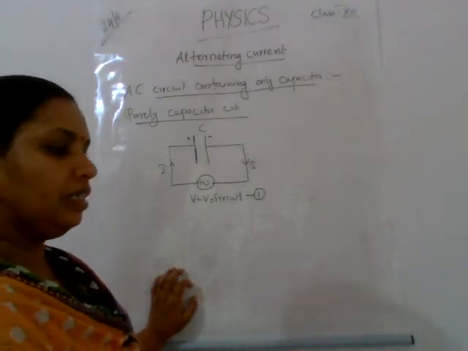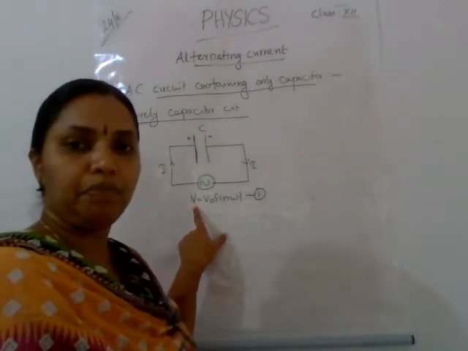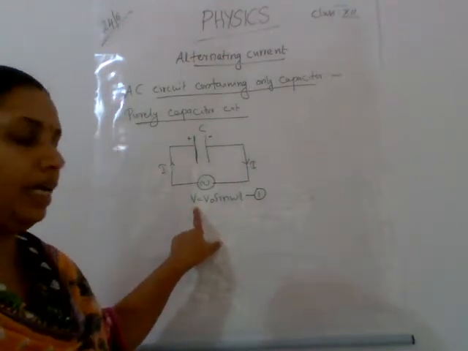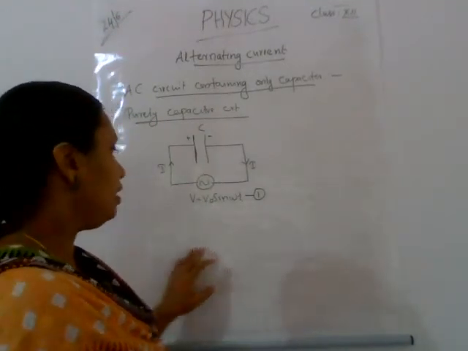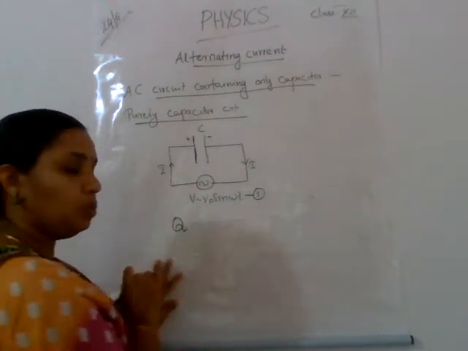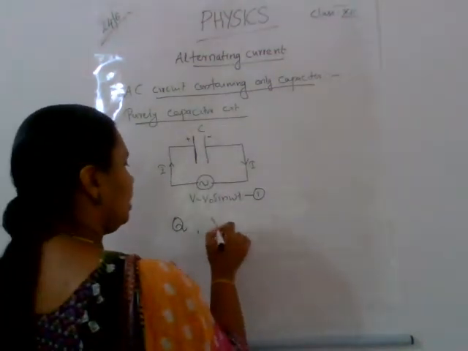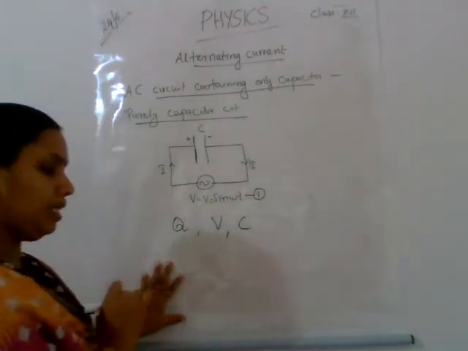Okay, and in the capacitor, if V is the external potential applied, then there will be some charge stored in it. Q is the charge stored in the capacitor, V is the applied potential, and C is the capacitance of the capacitor.